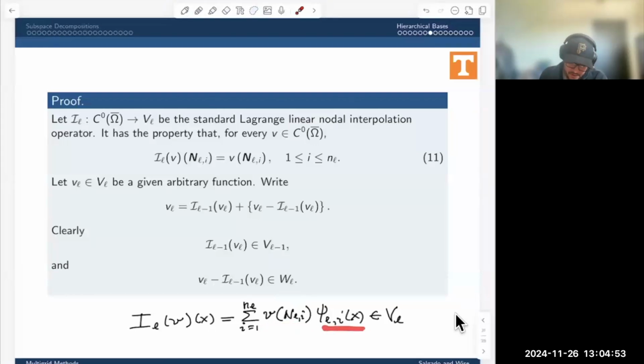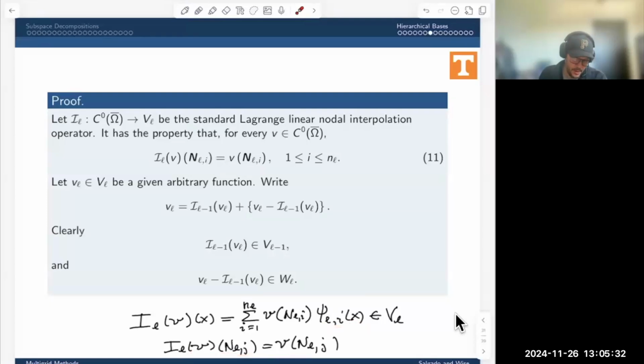So if I put in the value, let's say NLJ for x in psi LJ, remember this is going to give us a Kronecker delta, delta Ji or Ij. And that means that if we put in that value, NLJ, out pops V of NLJ. Okay, so that's essentially what I said here. We're using the fact that if I evaluate this guy at the nodes, then I get the Kronecker delta symbol.